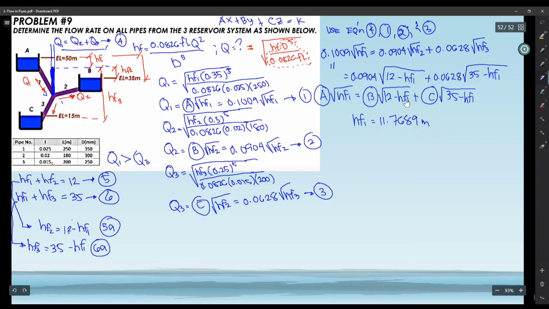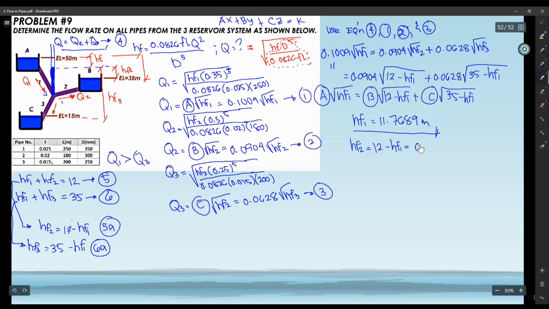meter. Okay? So since meron na tayong head loss para kay 1, automatically ma-compute na rin natin itong mga head loss dito. So yung HF2 natin, that is 12 minus HF1. So 12 minus x.